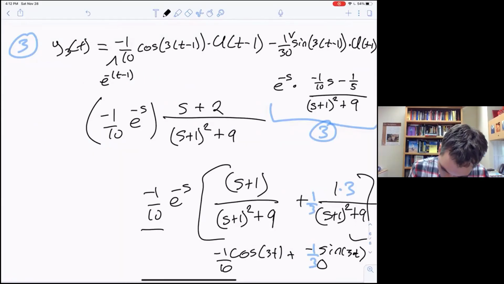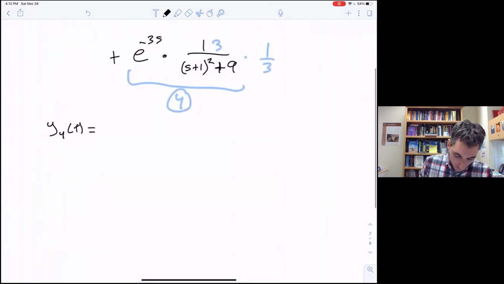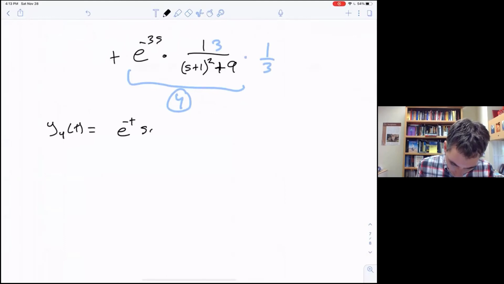And we're going to need an e to the minus t minus 1 there as well. Ooh, okay, almost missed that one. So this one should be a little easier. So this really should just be e to the minus t times sine of 3t with a 1/3.